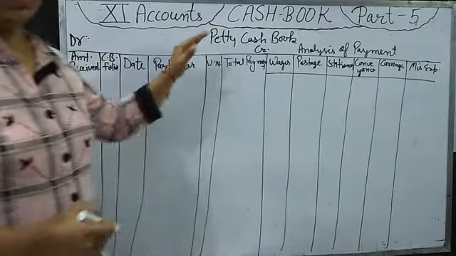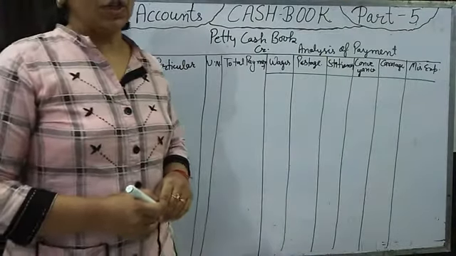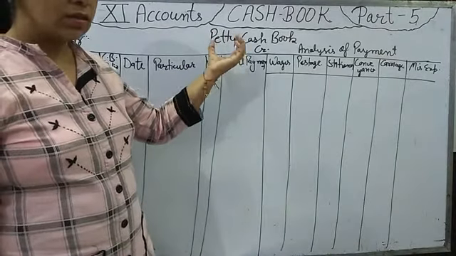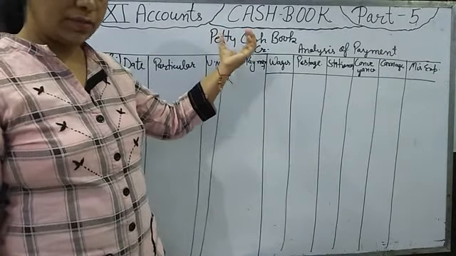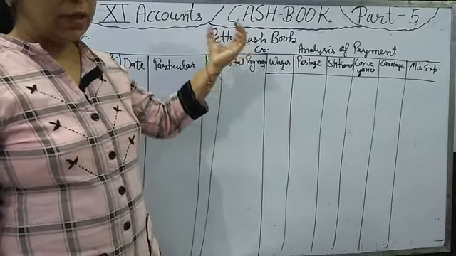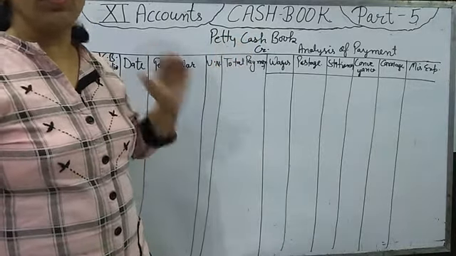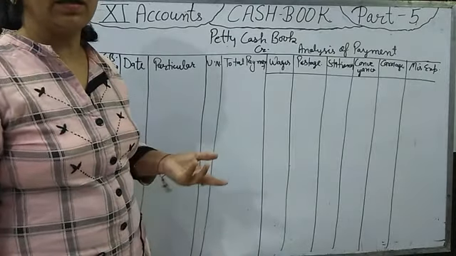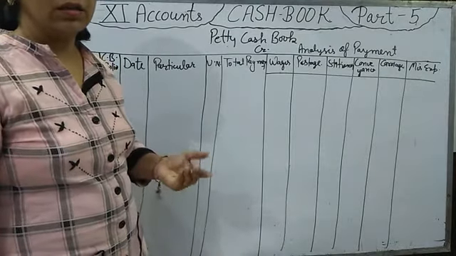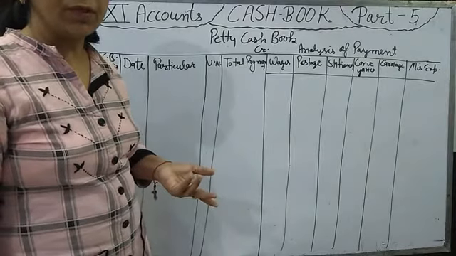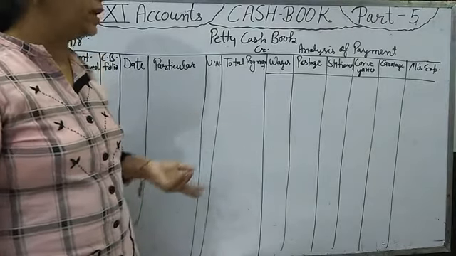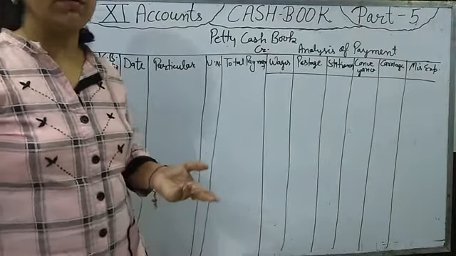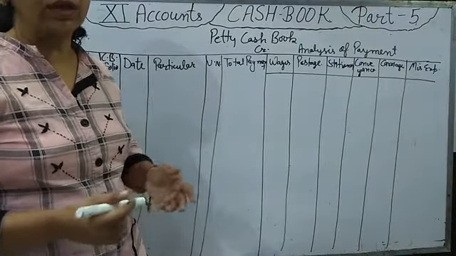Petty cash book. What is petty cash book? Petty means small expense. In every business there are too many small expenses, like a cup of tea, a pen, a register, paying carriage of rupees 50, rupees 10, rupees 20, for stationery, or postage expense of 20, 30 rupees.